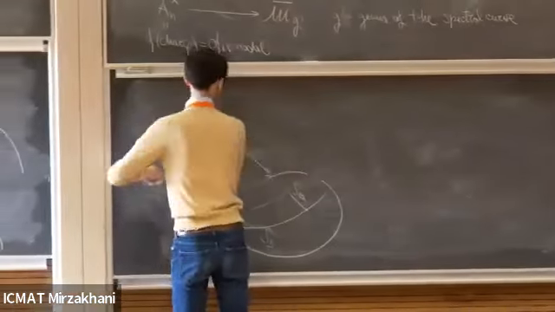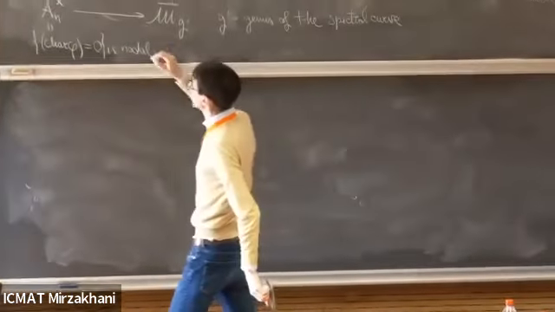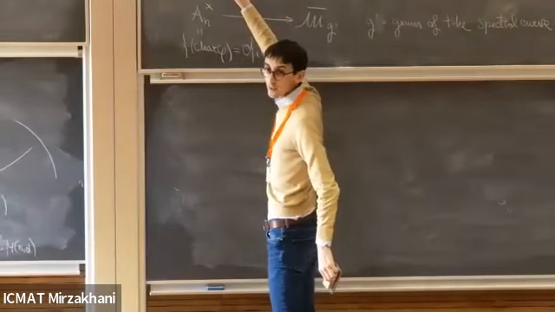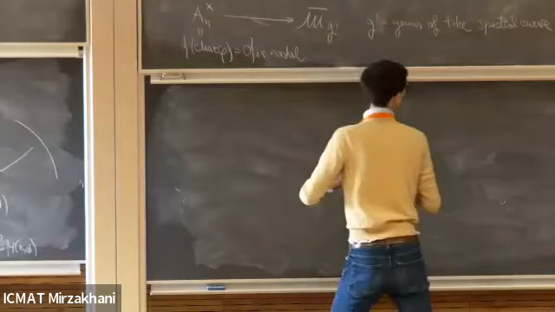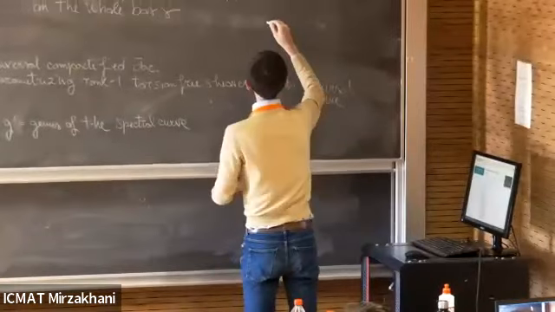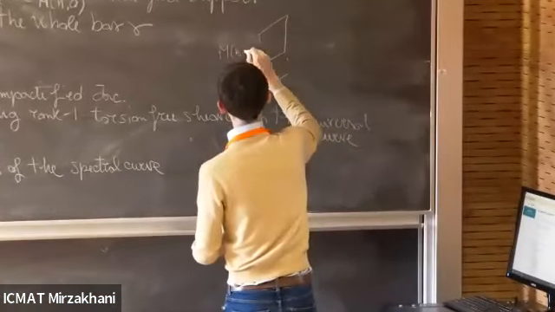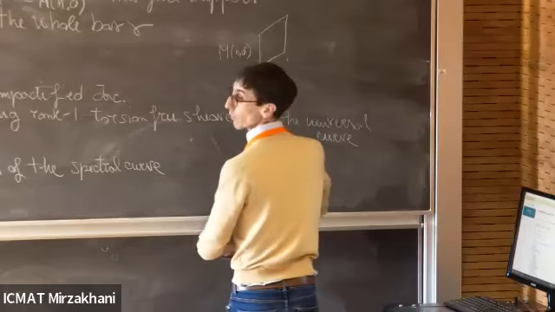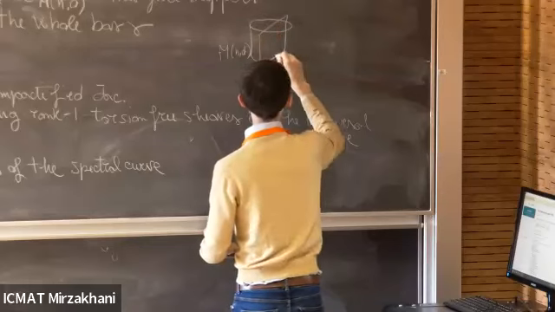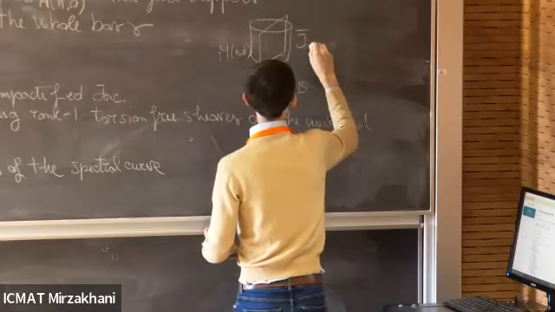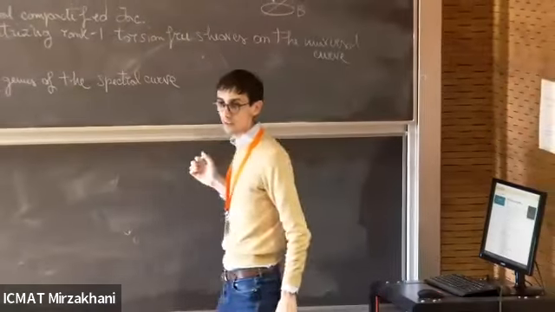So the idea is now to translate our problem of understanding the intersection complex here into a problem on the universal compactified Jacobian. Essentially, if this is the Dolbeault moduli space, we are enlarging the base of the Hitchin fibration to a versal deformation and enlarging this to the universal compactified Jacobian.